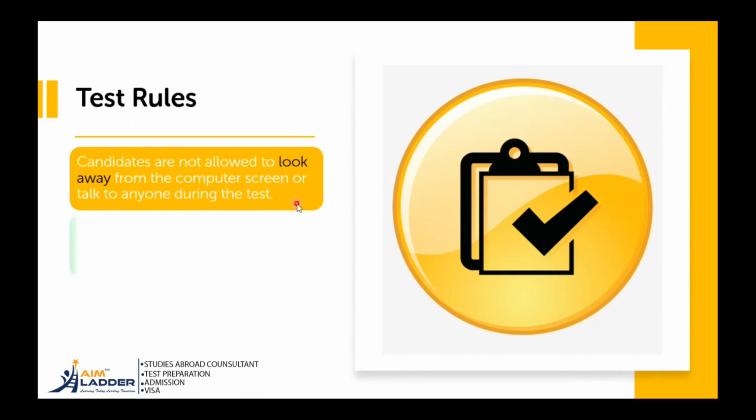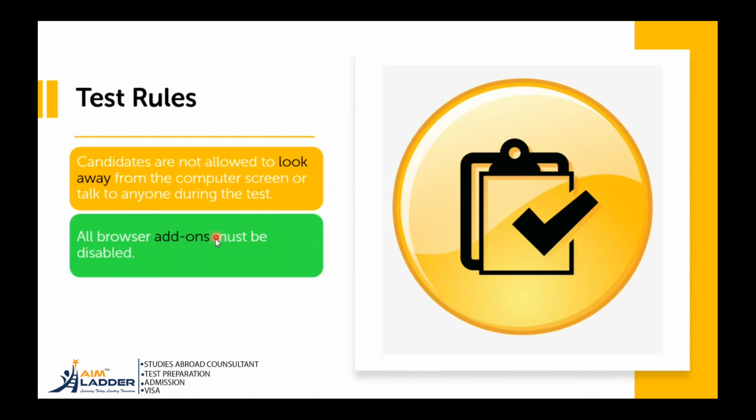Again, very, very important, all the add-ons for the browser must be disabled. There are add-ons like Grammarly, which can be used with Google Chrome. The test prohibits the use of any such add-ons, and so this is another very important condition that the candidates need to follow.